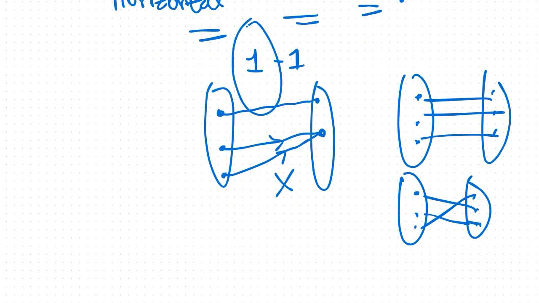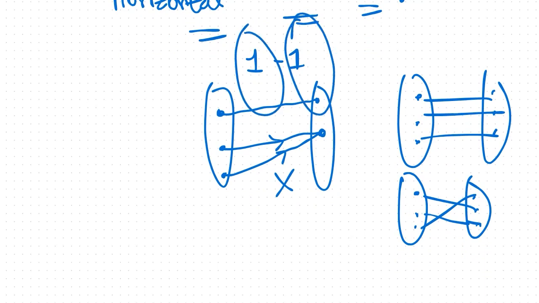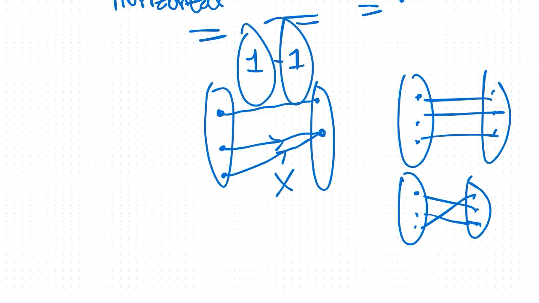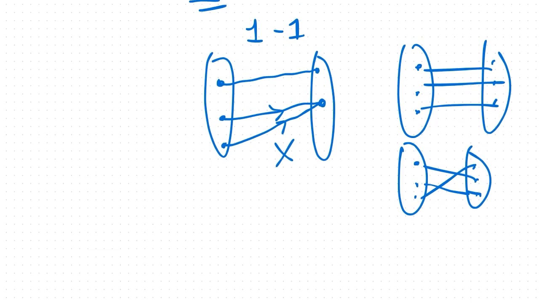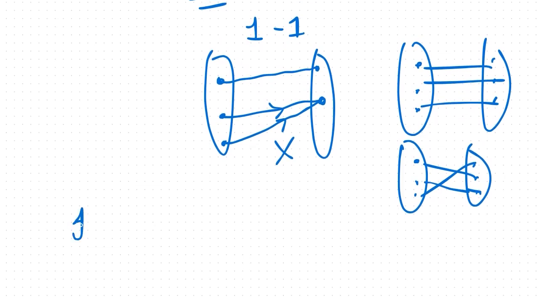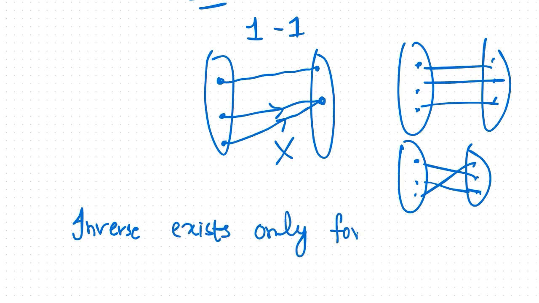So every one input in the domain corresponds to exactly one output in the range. That is what is meant by a one-to-one function. So the inverse exists; this is an important concept. Inverse exists only for a one-to-one function.